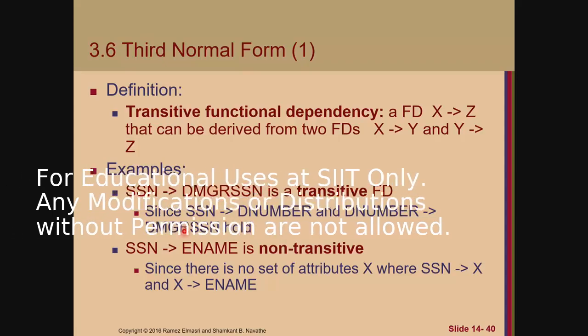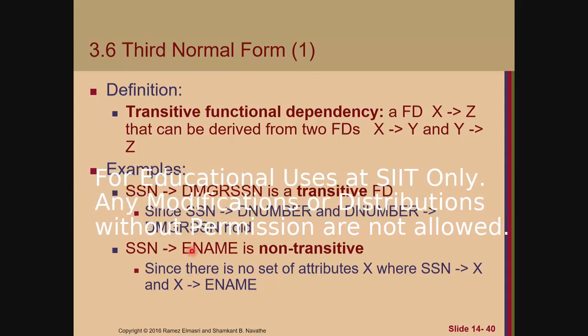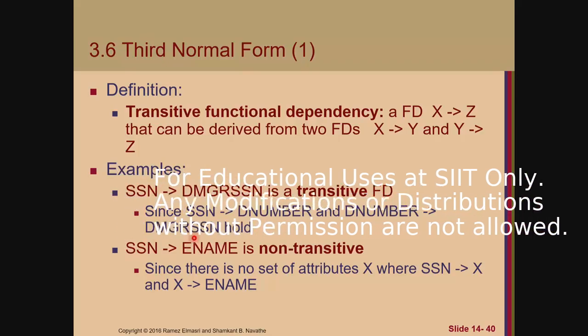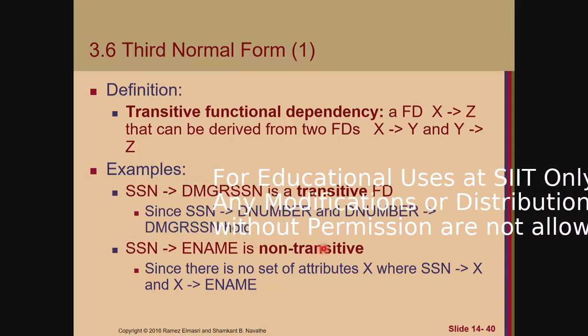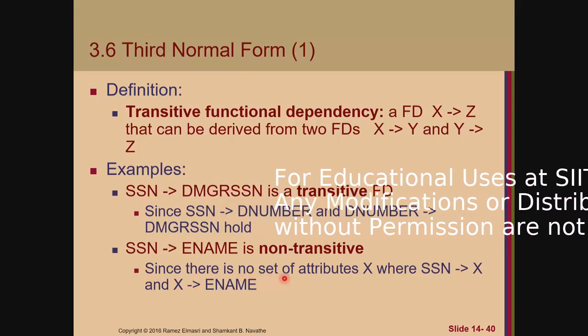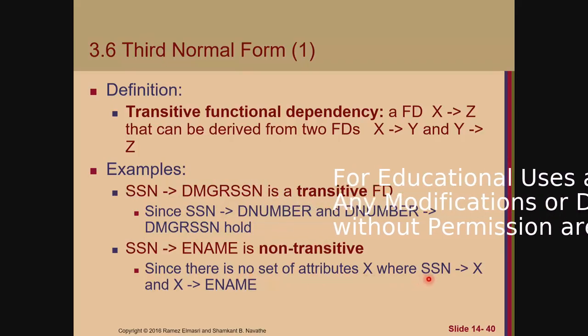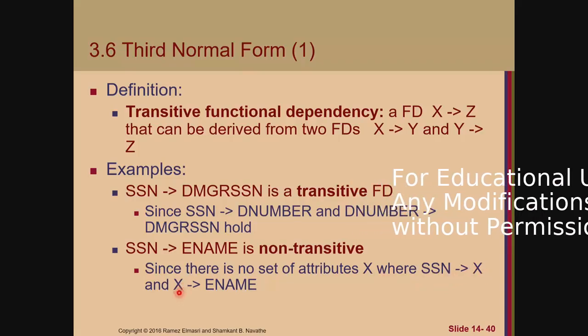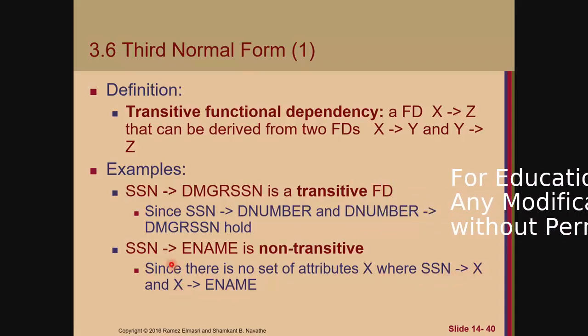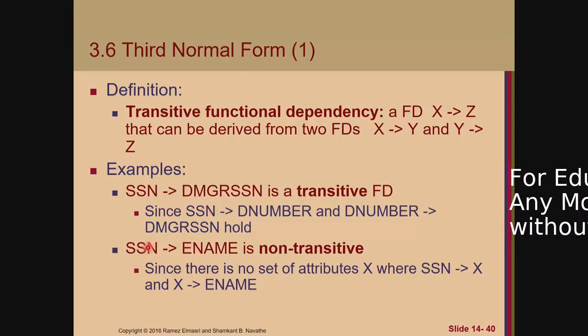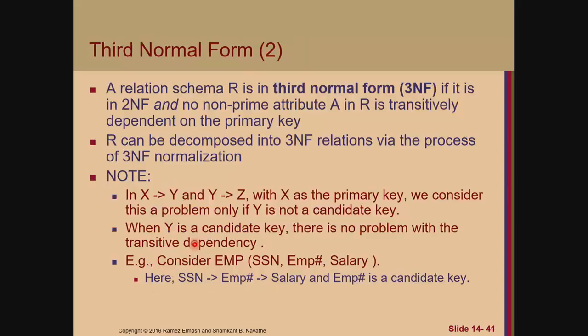And also SSN and ename, what is that? This one is direct, right? It's not transitive, since there's no set of attribute X where SSN determine X and X determine ename. This is just direct from SSN to ename, not transitive. So if we found the transitive dependency in the relation, we have to separate them into the small one.